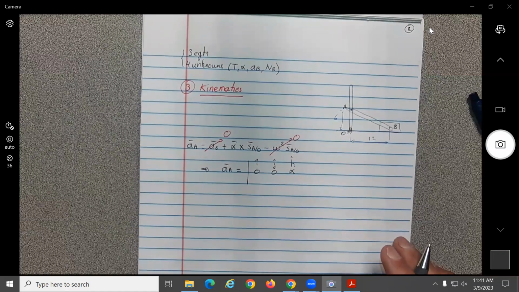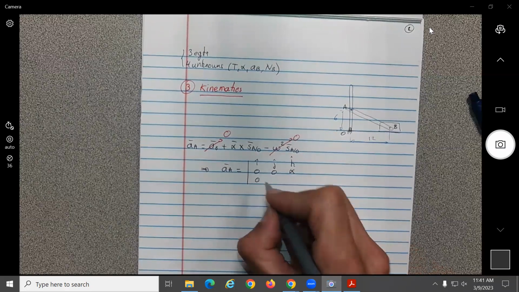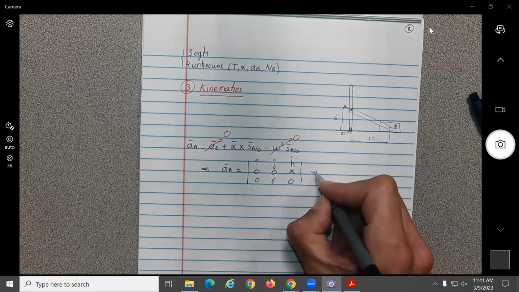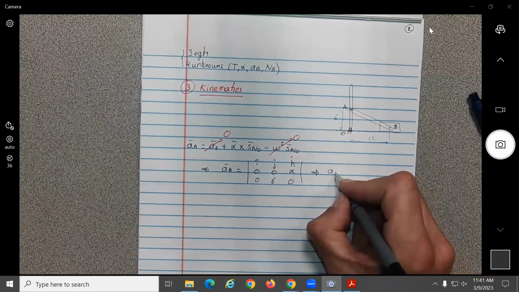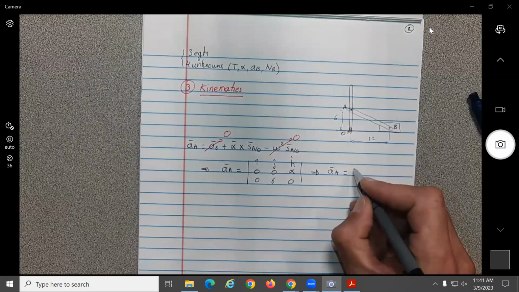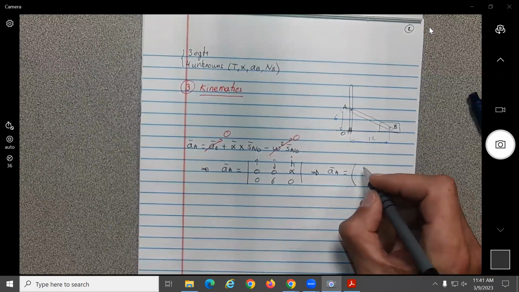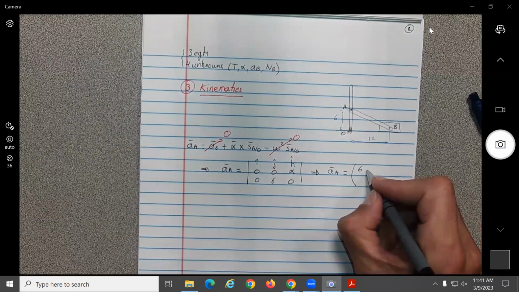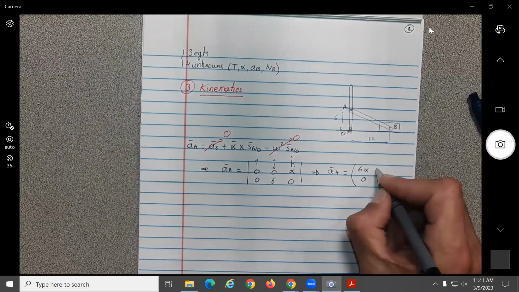And what is the position of A with respect to O? 0, 6, 0. So this will give you acceleration of A equal to 6 alpha, 0.